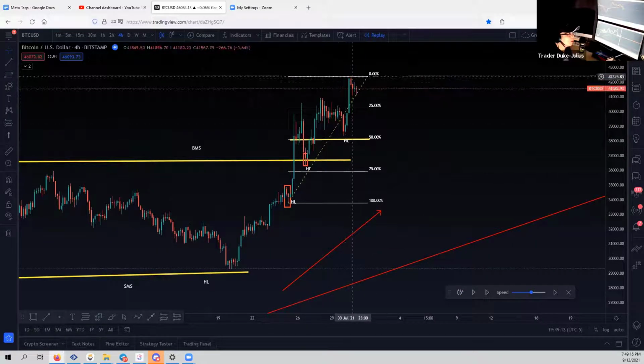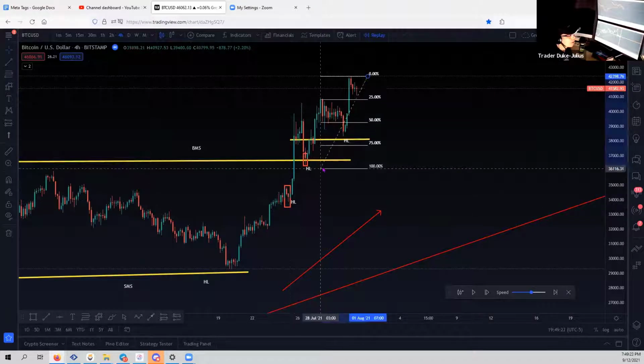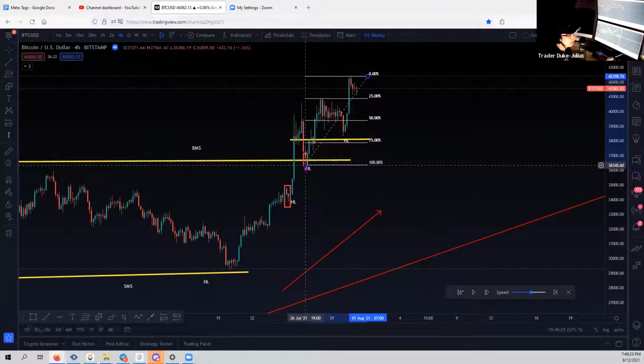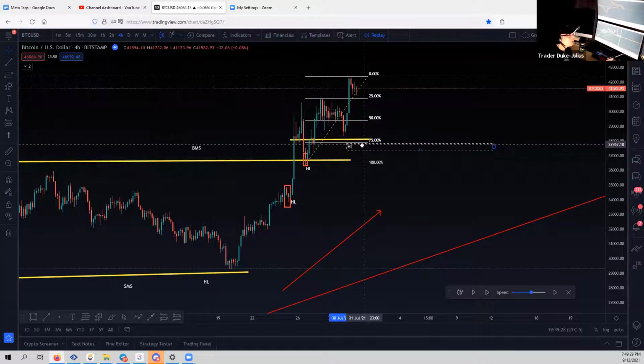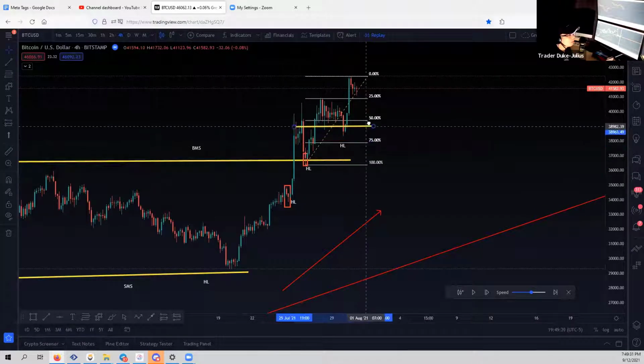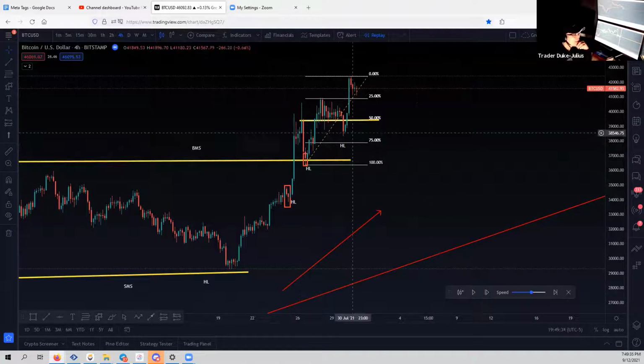This is the height of our fib, right? And we could even adjust this to this point here. Okay, so now we can adjust it like that. So this is our range.